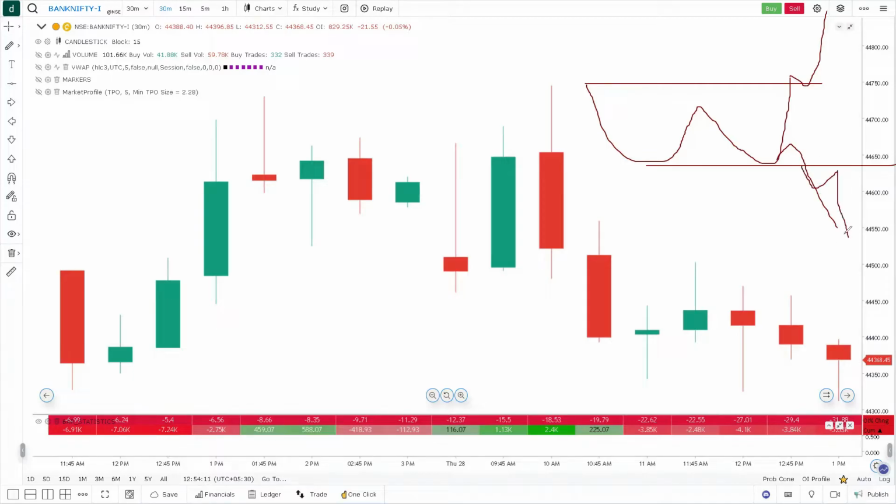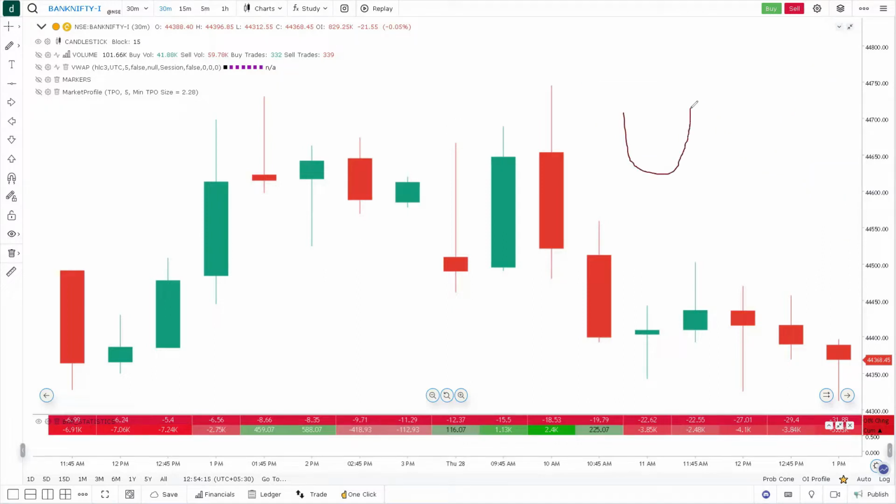Or cup and handle, a double top, or some other patterns. Along with normal candlesticks, what else can you use? There will be volume on a normal chart, or an indicator, right? Most of the time it will be a lagging indicator. Any indicator only tells you what is happening after the price has formed.